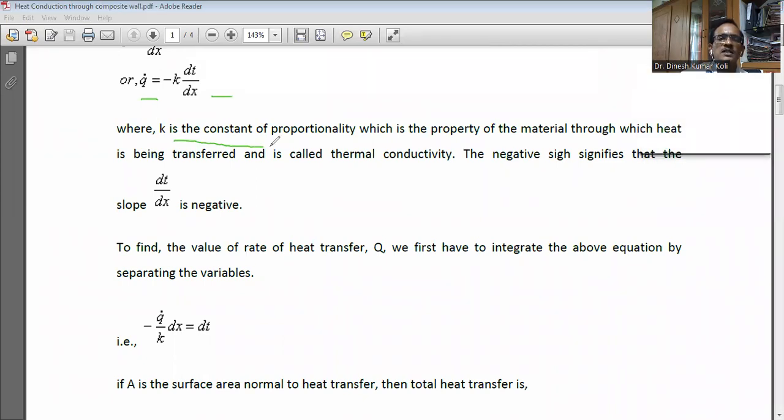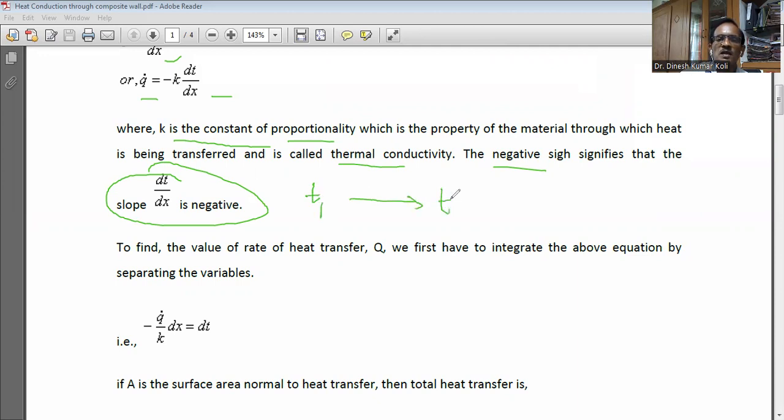Here k is a constant of proportionality, which is a property of the material and is called the thermal conductivity. The negative sign indicates that the slope dT by dx is negative. Suppose heat flow is occurring from a temperature T1 to a temperature T2. This is only possible when T1 is greater than T2.